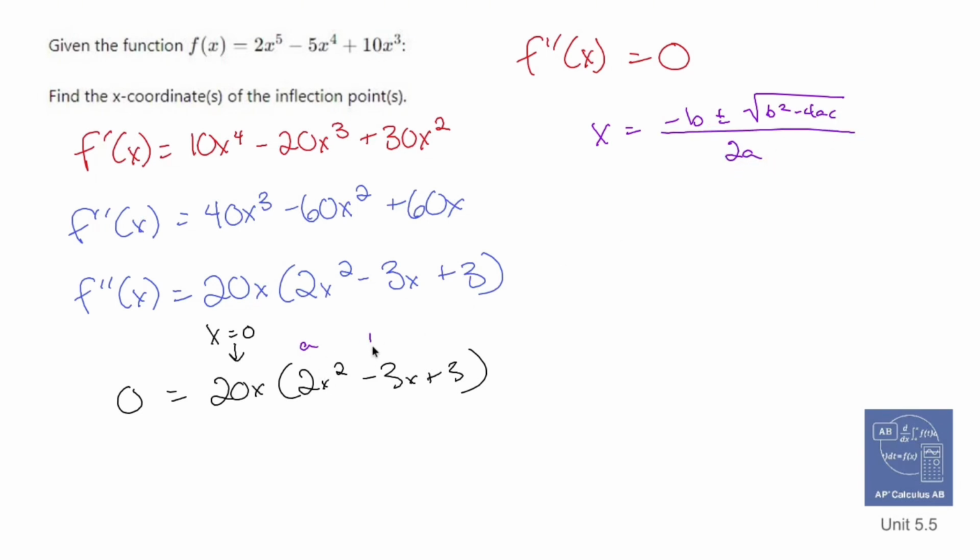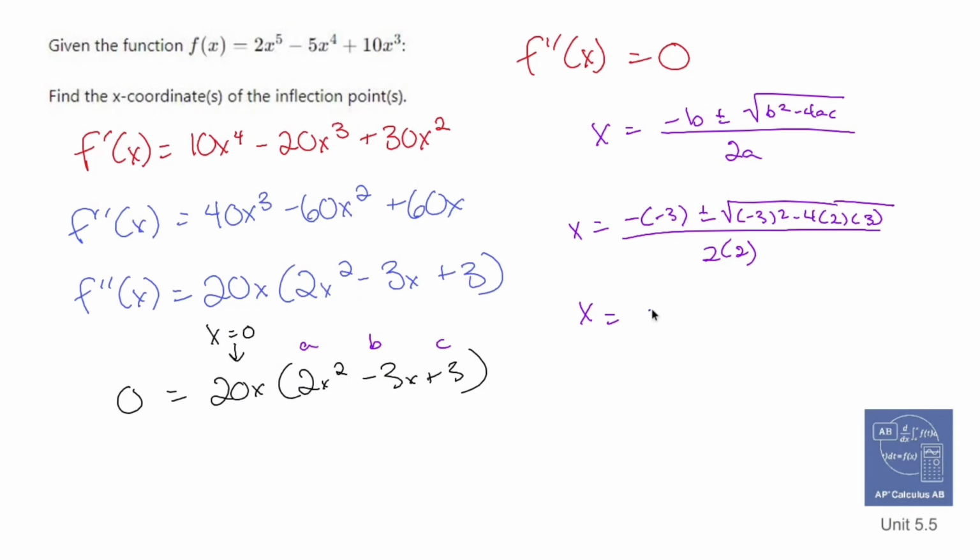You're my A, you're my B, you're my C. So x is going to equal negative negative 3 plus or minus the square root of negative 3 squared minus 4 times 2 times 3, all over 2 times a, which is 2 times 2. Now, let's write that out. X equals positive 3 plus or minus the square root of 9 minus 8 times 3 is 24.